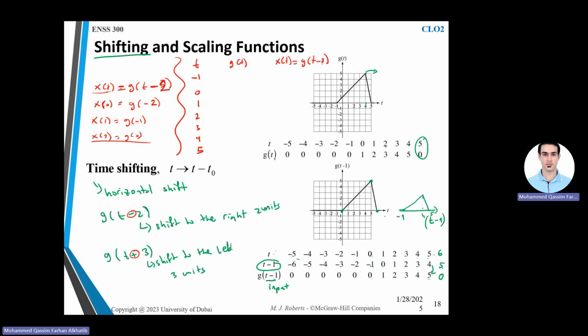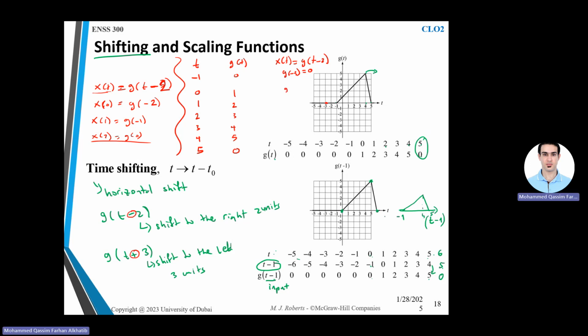Basically, because my function here, I have translation in time, I may need more. So g of t was 0, 1, 2, 3, 4, 5, and 0 here. Now here, when I substitute -1, g of -3, was there a value of -3? No. Here's -3, there's no value, that's a 0.